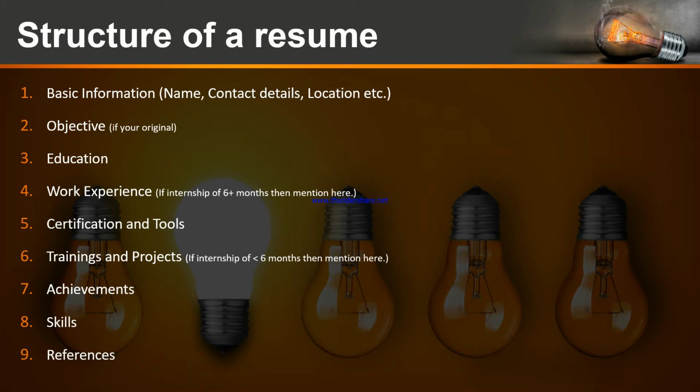The first thing in your resume should be the basic information: your name, contact details, location, etc. Then the next thing you should have is an objective, but make sure you have an original one. What people generally do is copy paste the objective.